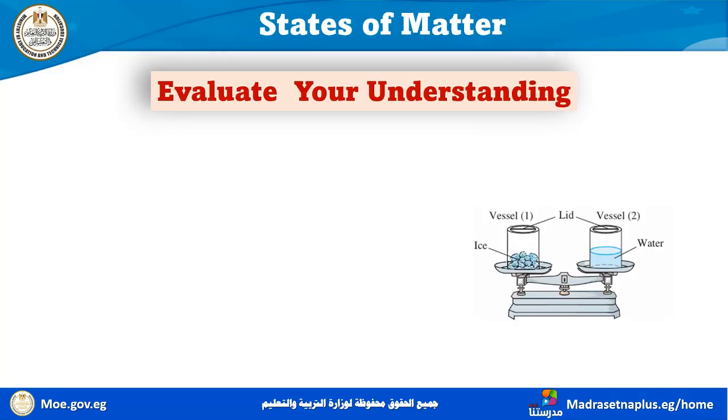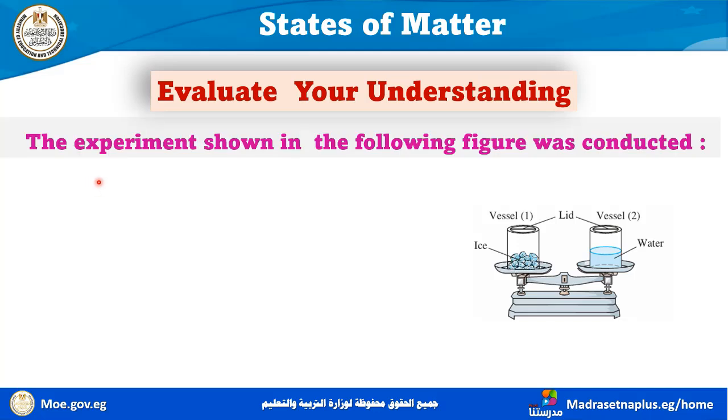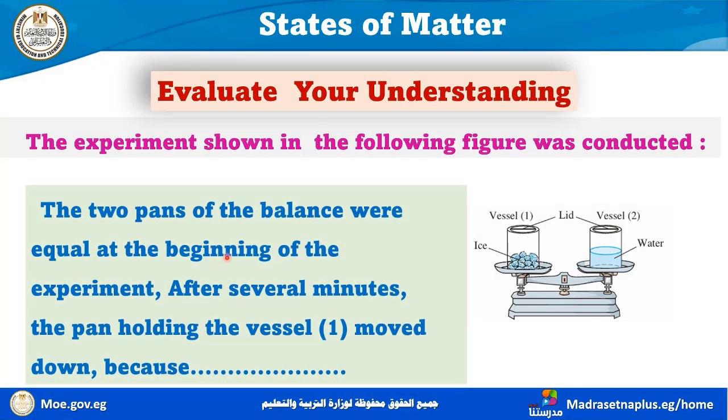Now evaluate your understanding. The experiment shown in the following figure was conducted. The two pans of the balance were equal at the beginning of the experiment. The two pans hold two similar beakers, but the first beaker contains water, liquid water.